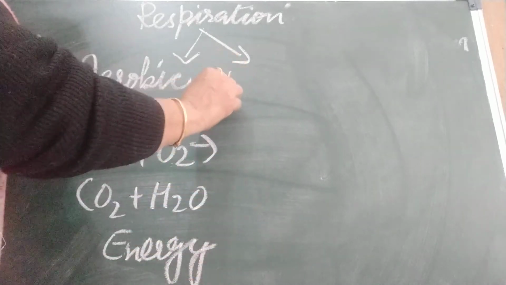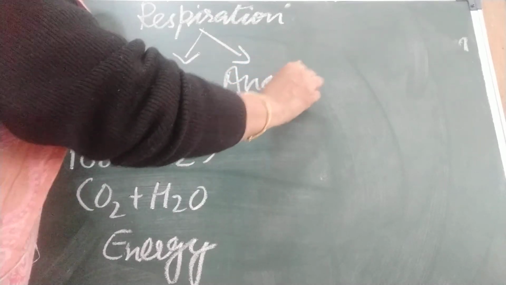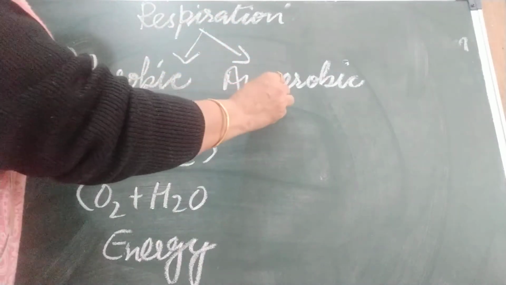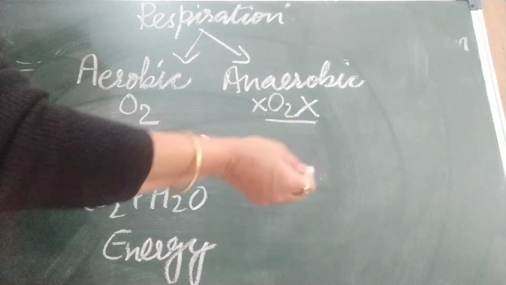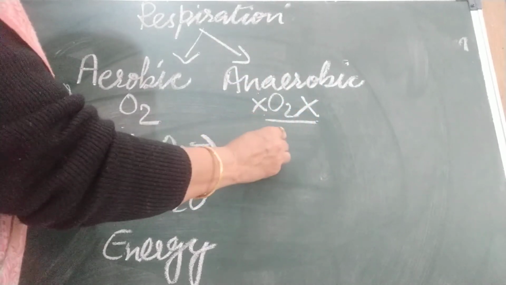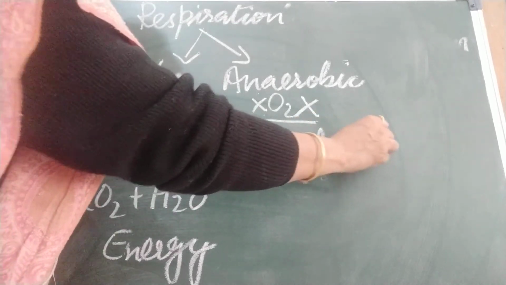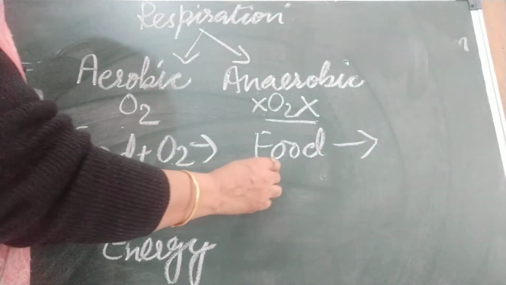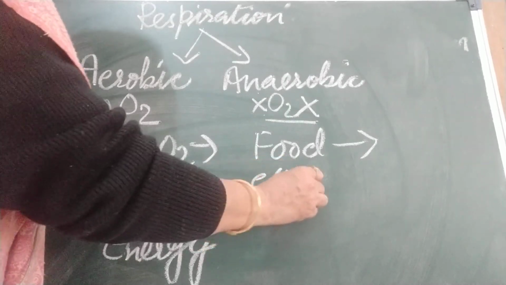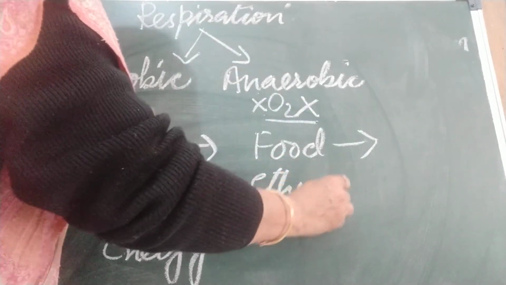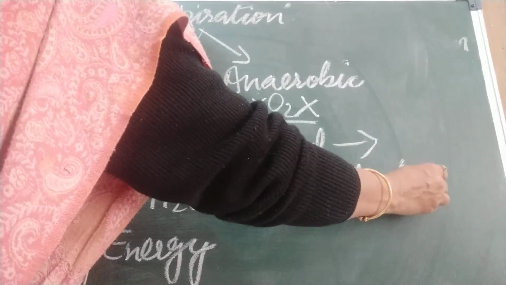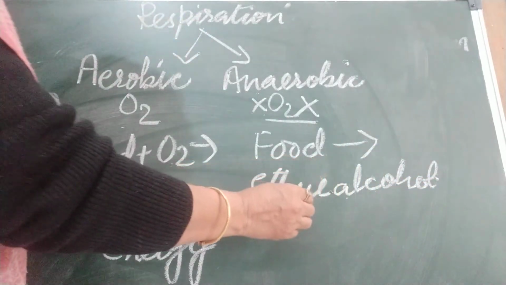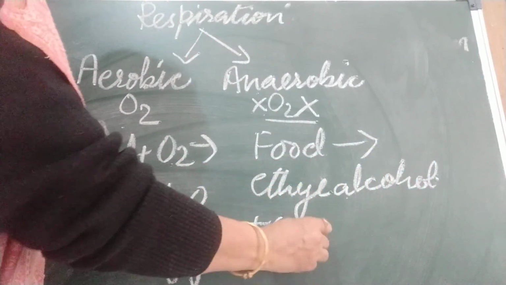But in anaerobic respiration, oxygen is not present. Food breaks directly and forms ethanol, or ethyl alcohol, plus carbon dioxide plus energy.